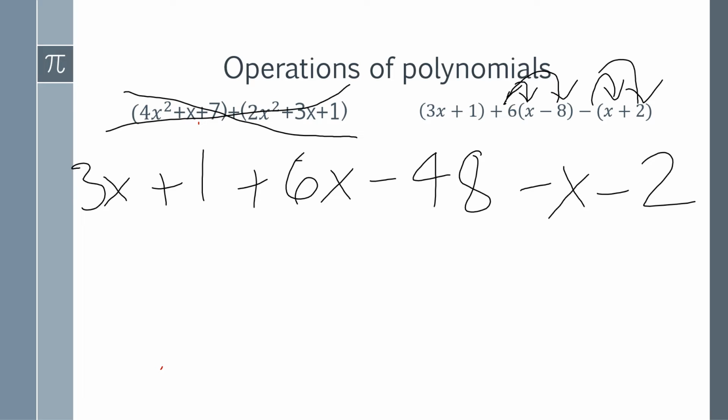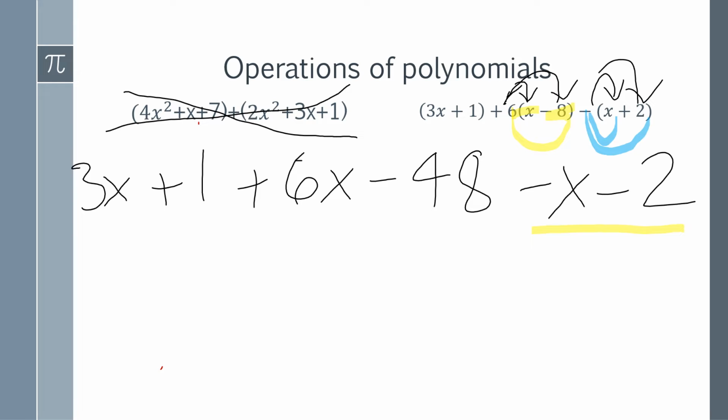Again, the 6x minus 48 comes from the distributive property of 6 times x and 6 times negative 8. And then the negative x minus 2, I want you to see, is because I distributed. So negative x, which is understood to be negative 1, times x is simply negative x, and negative 1 times 2 gives you negative 2. So that's where I got all that from.